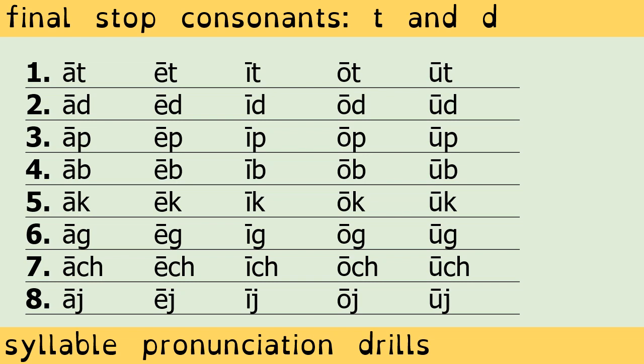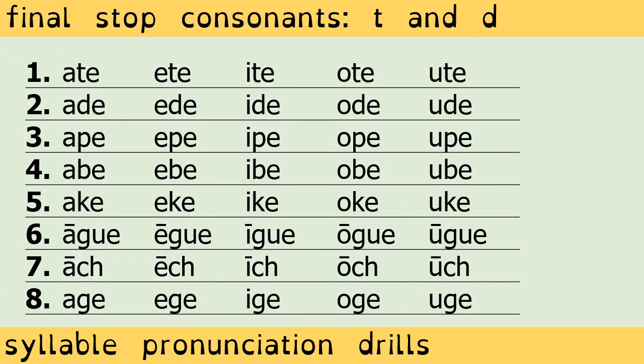Let's take a look. You can pause the video if you like. Lines 1 to 5 appear to follow Rule 2 for long vowel sounds. We just add E after the consonant.